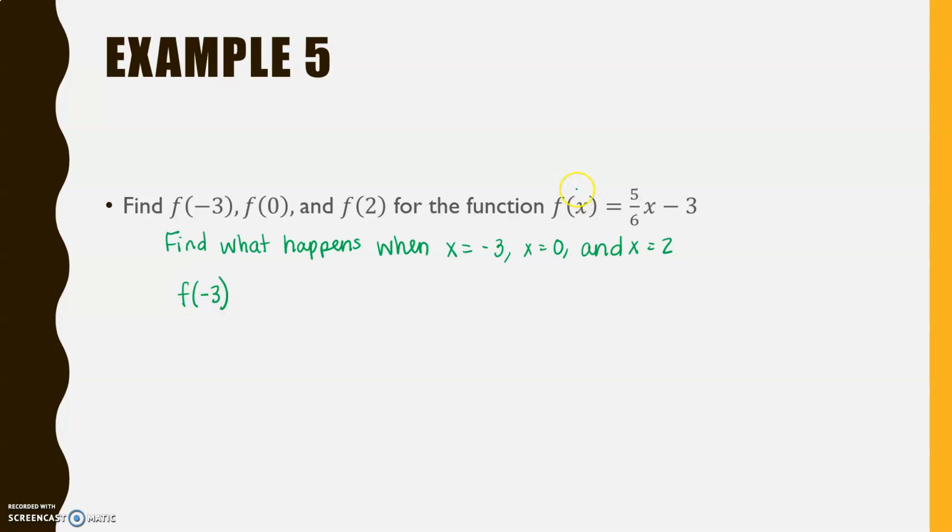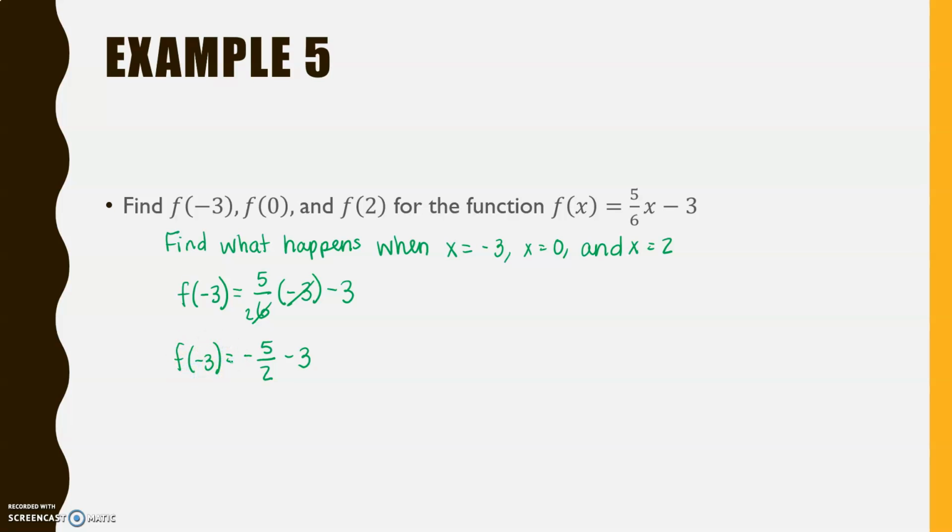I'm going to actually replace my f of x with f of negative 3 and write it like this. Now, we don't like fractions. I know, well, you guys don't, I do, but we can work with this. This is going to give me a 2, and then I'm going to have negative 5 halves minus 3.